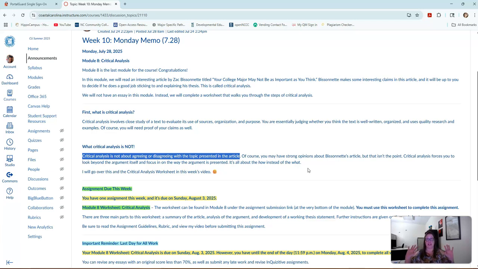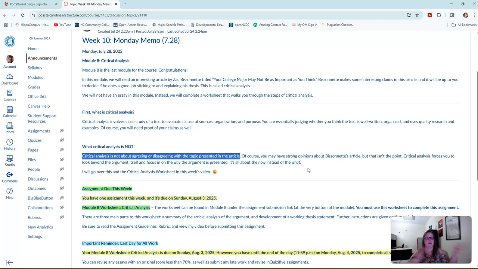And I will tell you, I have had all across the board, I have had students read this article and say, this is an excellent article all the way through. I have had students read this article and say, this article was not well done at all. And then I've had students that are in the middle. They're like, well, he used good sources, but his organization wasn't great. Or he used good sources and his organization was good, but then he doesn't prove his thesis statement.